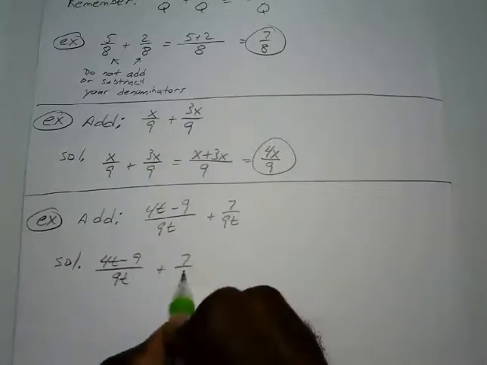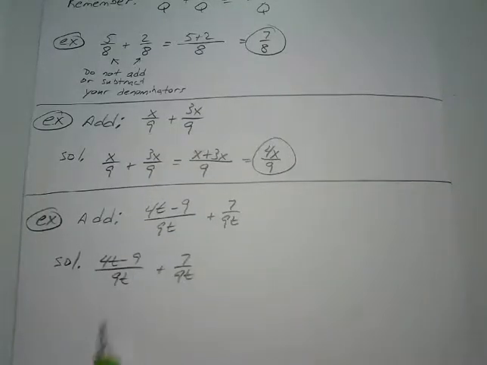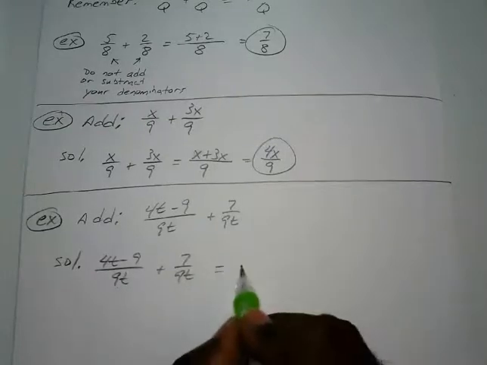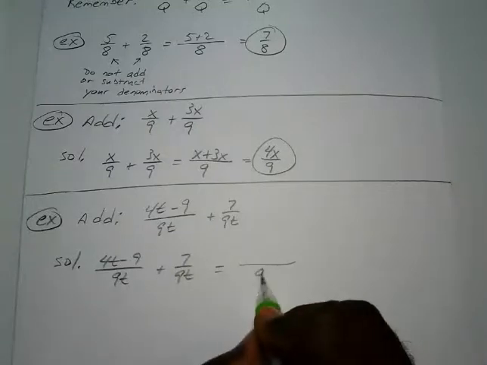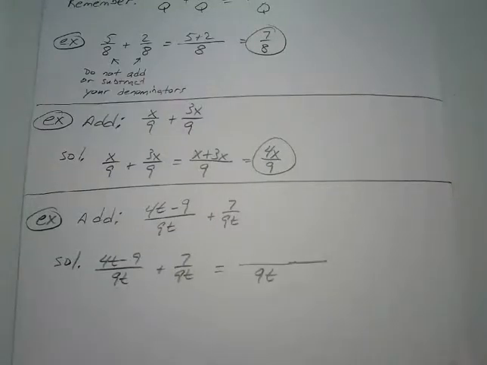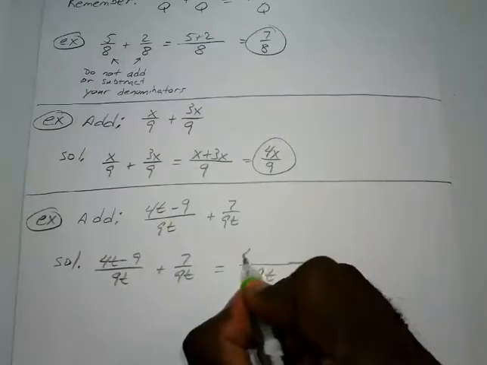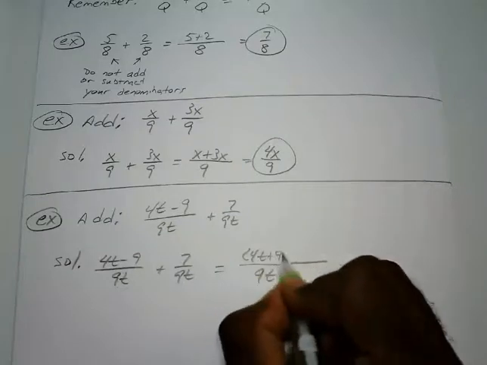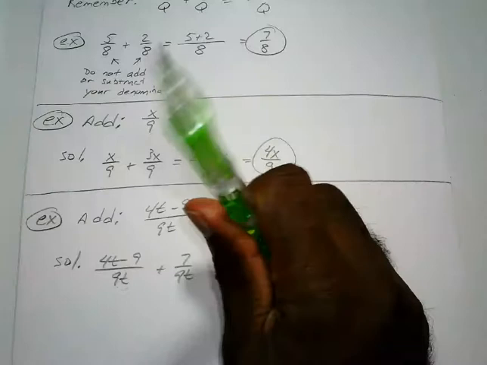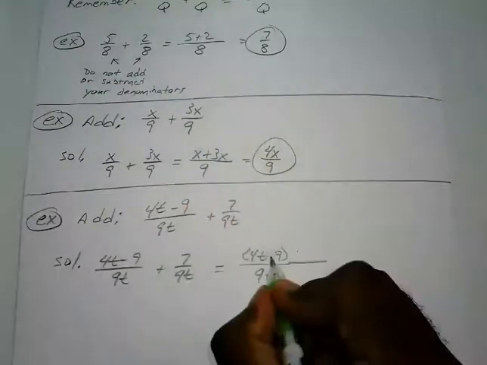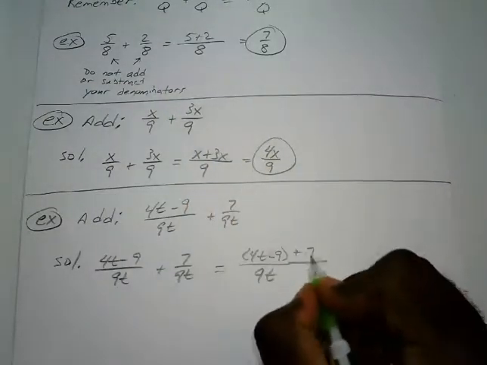We have the same denominator, so something over 9t plus something over 9t will give us something over 9t. So now we just add our numerators. You have 4t minus 9, plus 7.